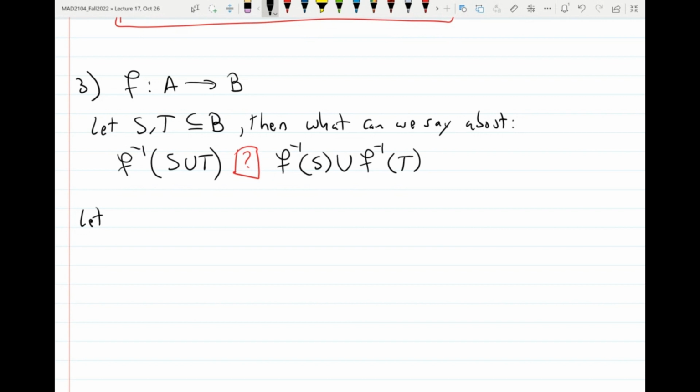We're pulling back, so we are inside A. So little a. Let little a be in the inverse image of S union T. Then what does this mean? What's the definition of inverse image? This is just definitions. Think about the picture. That's why I draw the pictures for you.